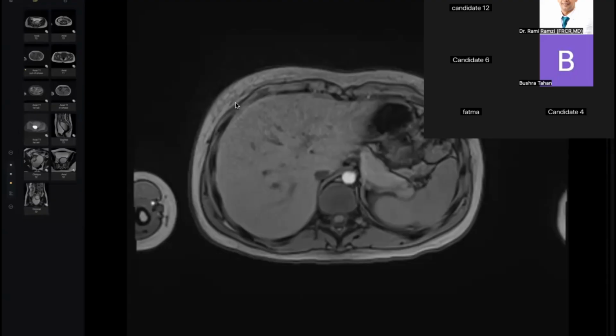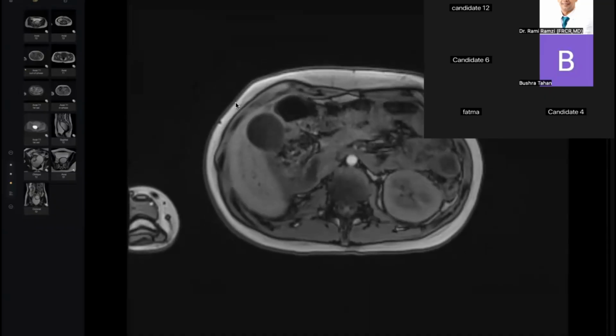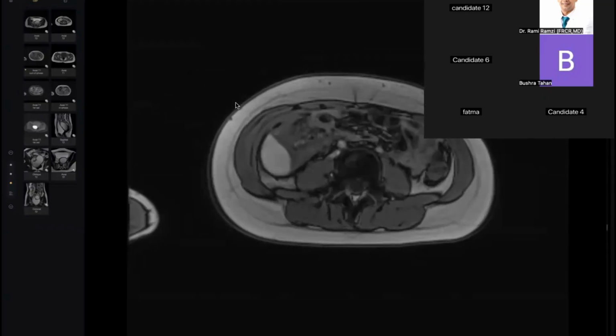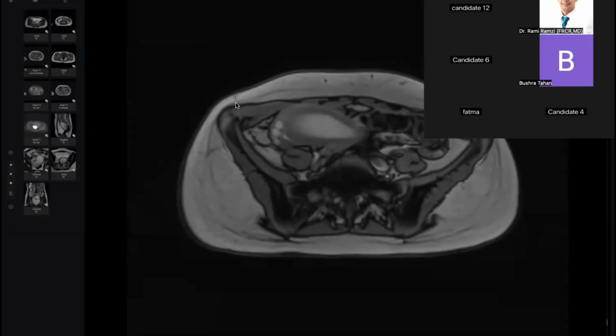So I'm presented with axial slices of the MRI. I'm just going to scroll through these images if I can. Are these static images as well? Oh no, they're rollable. Okay. I'm unable to scroll for some reason.